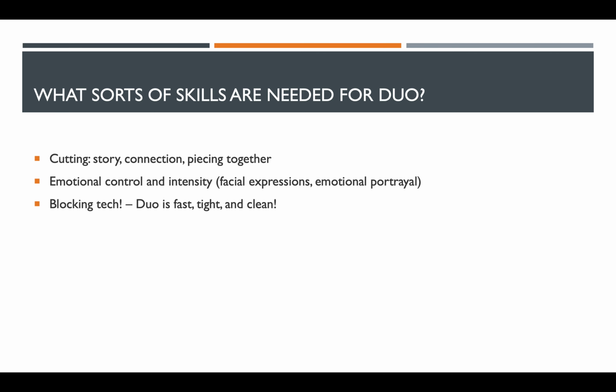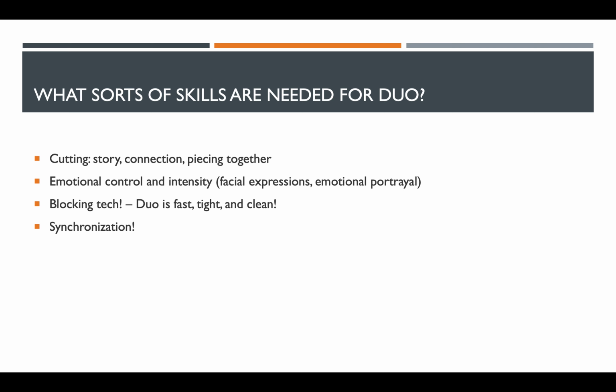Synchronization, that's also super key with duo. What's really impressive in duo is when you have blind blocking or really close blocking that is in sync. Because there are two of you, blind blocking essentially just means when one person physically cannot see the other, but are still mimicking or reacting to the hand motions or hand gestures.